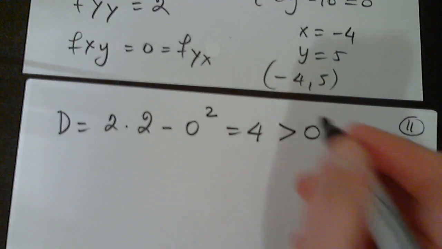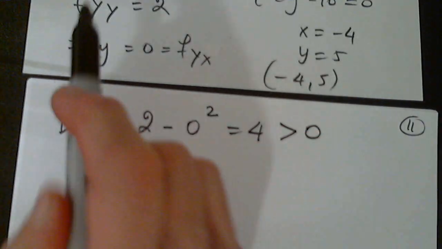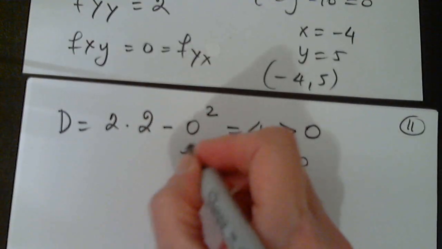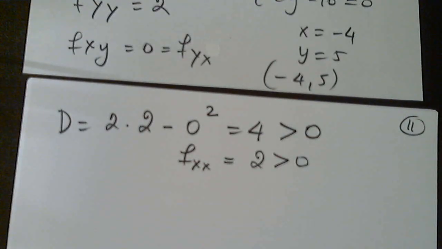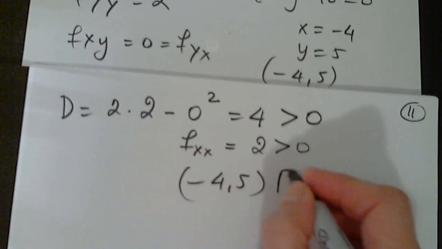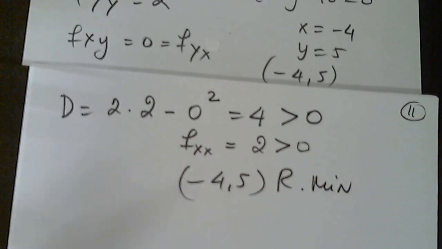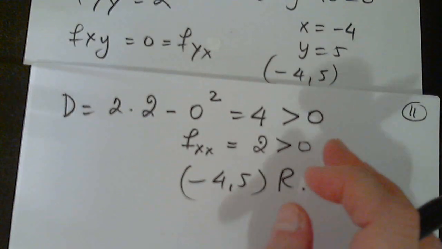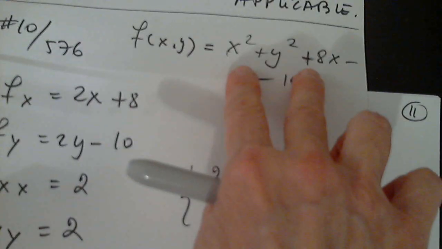And I'm looking at fxx. 2 is also positive. So fxx is a positive number. Therefore, negative 4 comma 5 is a relative min according to the d-test. What is the value? I don't know. I have to plug these numbers in here.